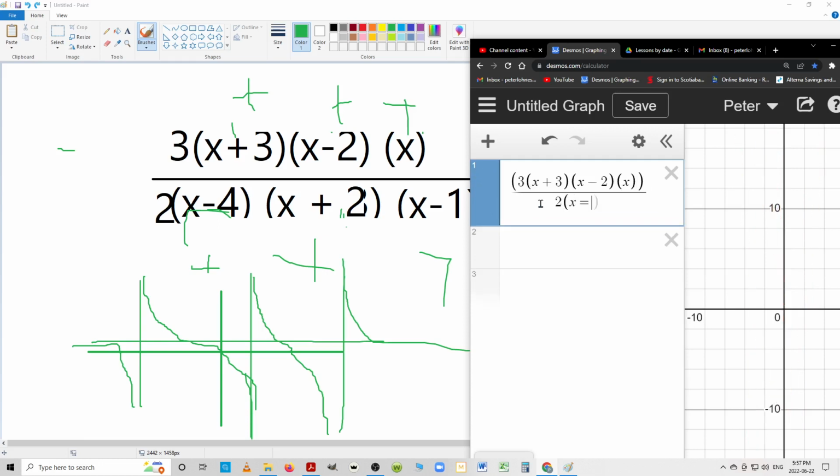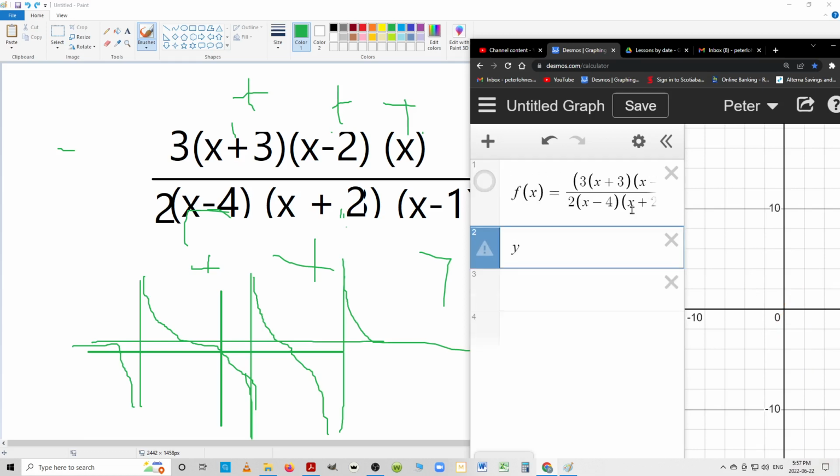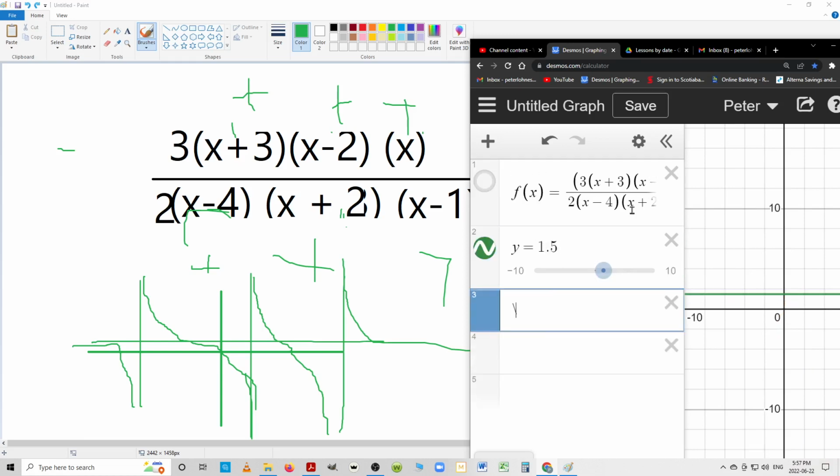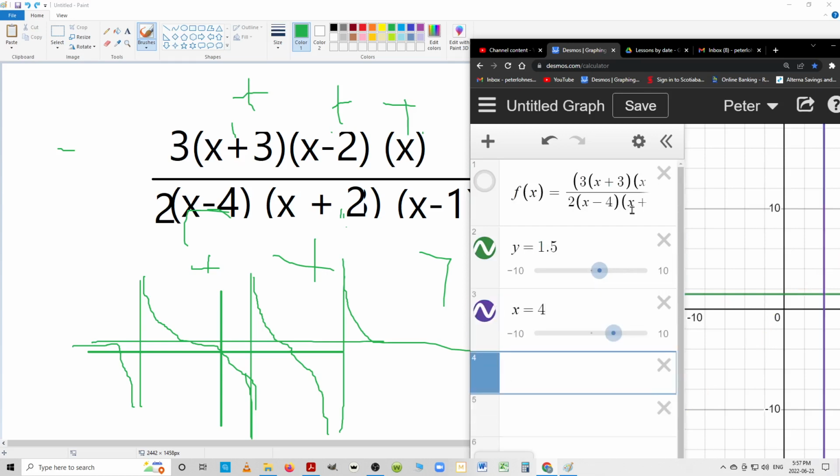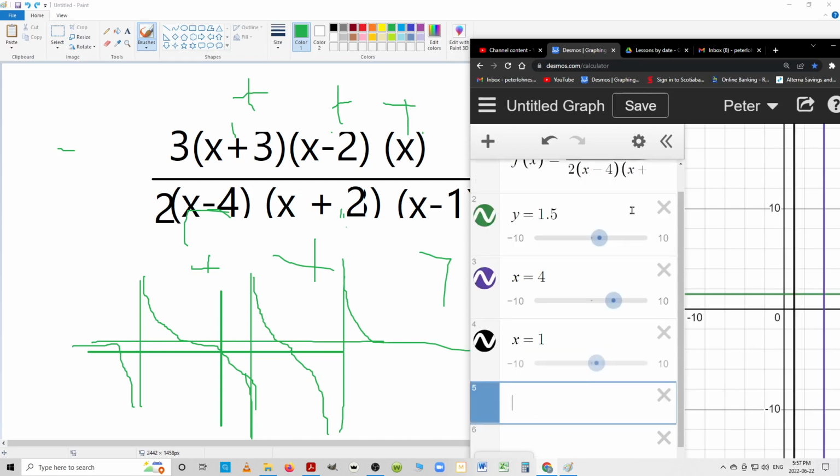X minus 4. And actually, I'm going to turn it off. X minus 4. X plus 2. And x minus 1. And those are in the wrong order. But I'm saying that y equal 1.5 is the horizontal asymptote. X is equal to 4 is a vertical asymptote. X is equal to 1 is another. X is equal to minus 2 is another.